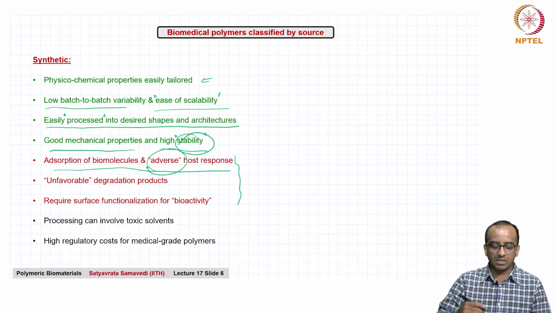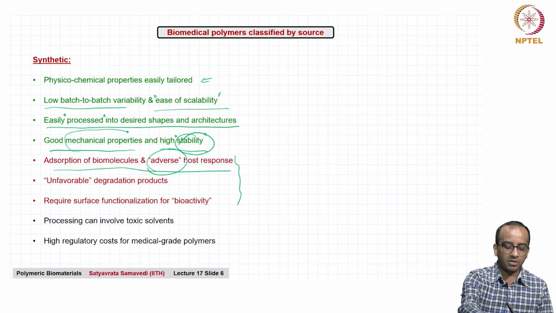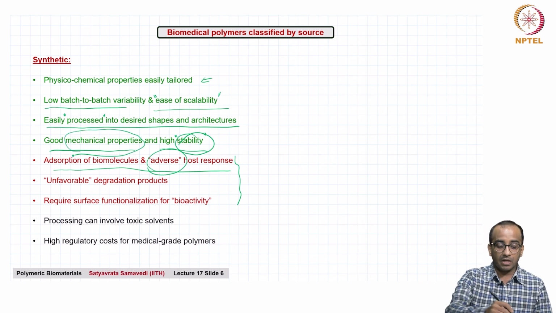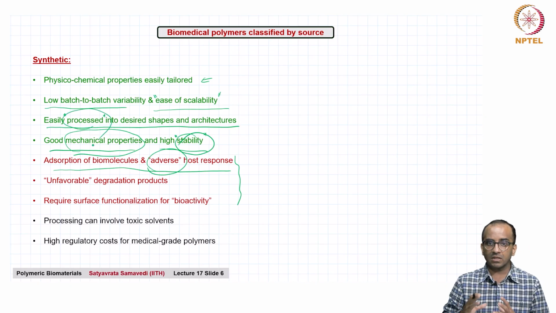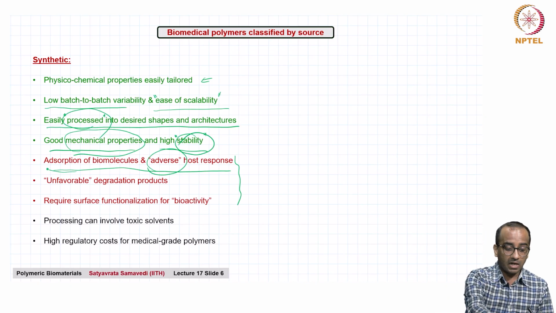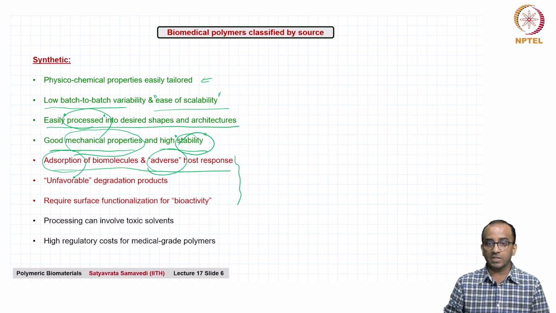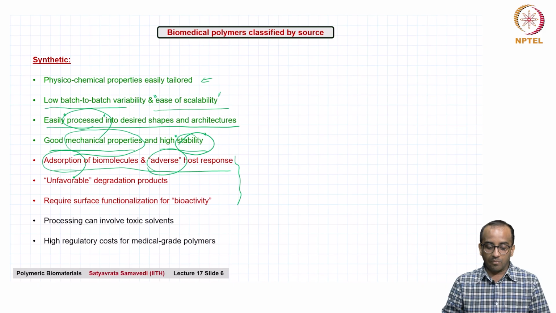So you notice that while we have been continuously talking about things like mechanical properties and processability, which would be considered bulk behavior, we are equally interested in adsorption of biomolecules, which is a surface property. So you see, it's a fairly complex set of material properties that need to be looked at, often one working against another when you want to use some of these polymers in clinical applications.